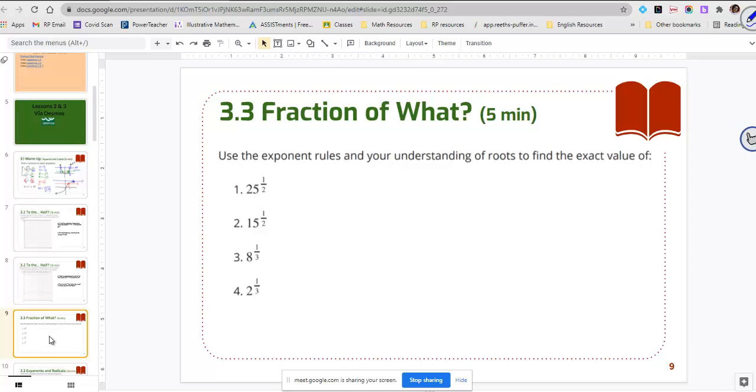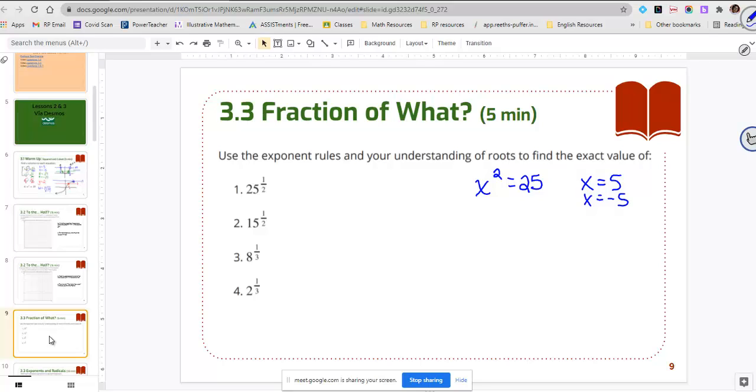We just said that we had an x squared equaling 25, and you guys told me that x could equal 5 or x could equal negative 5. That's what we got from our warm-up. Let's use a calculator and see what it tells us about 25 to the 1/2 power.